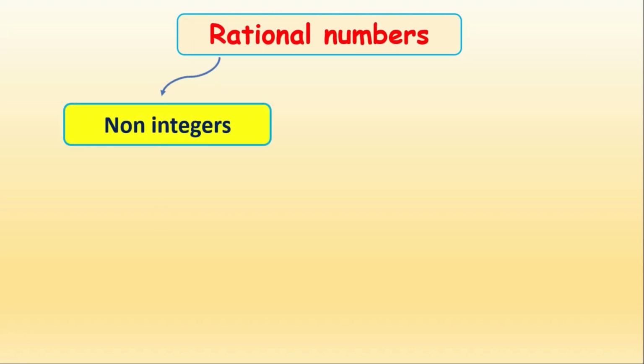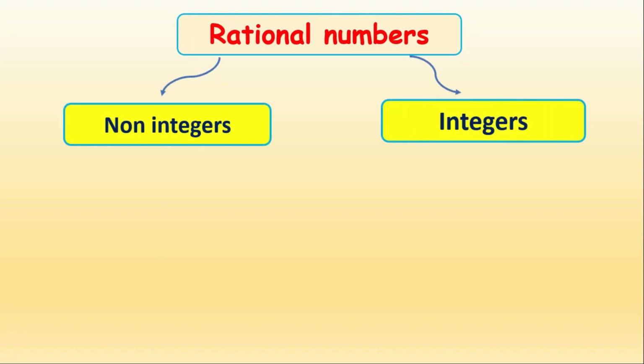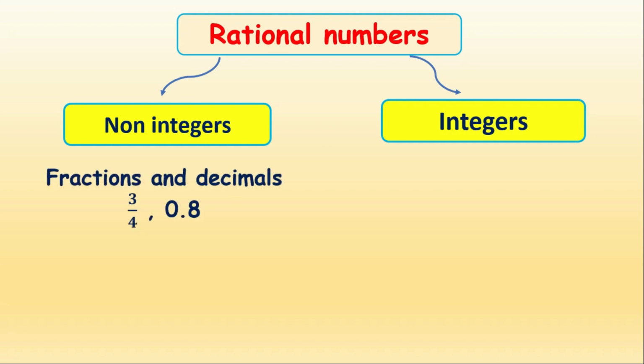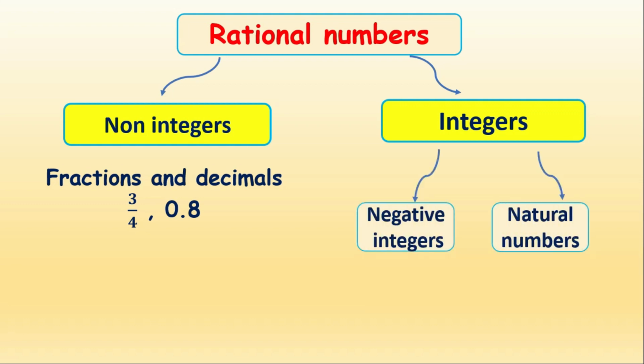Rational numbers are classified into non-integers and integers. Non-integers like what? Like fractions and decimals. It means rational numbers are divided into 2 parts. Non-integers like fractions and decimals, and integers like negative numbers or natural numbers. Negative like any whole number but negative, like negative 3.